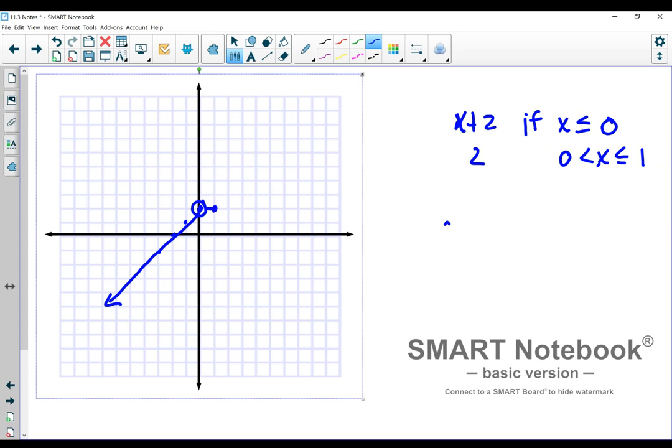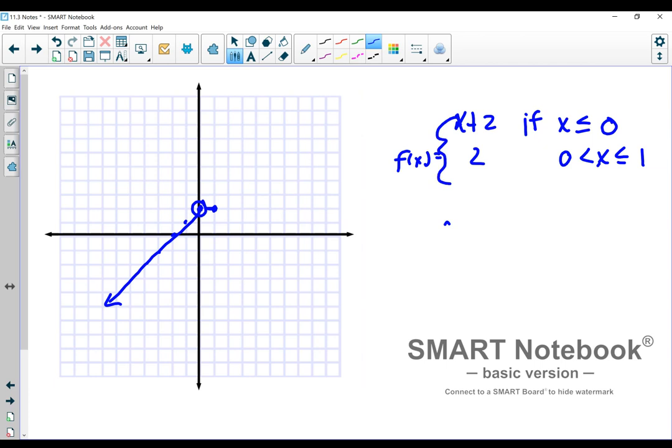Okay, and then the third part of my function is x squared plus 2 if x is greater than 1. So here's 1, x squared plus 2 means I would start my parabola here, and then I would go up 1 over 1, so this would be that first point, and then up 3 over 1, and then up 5 over 1. So here's my parabola part right there.